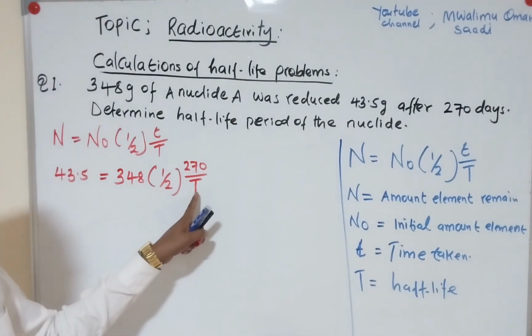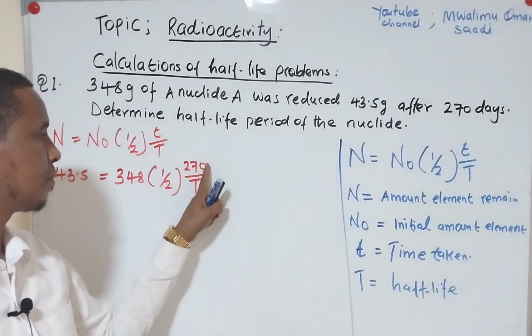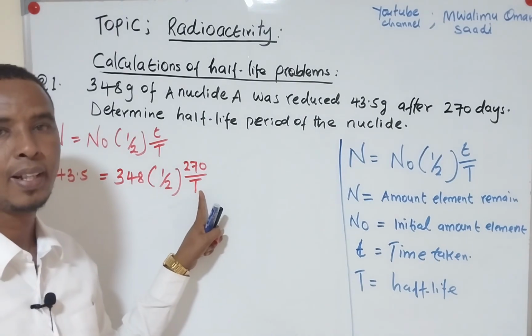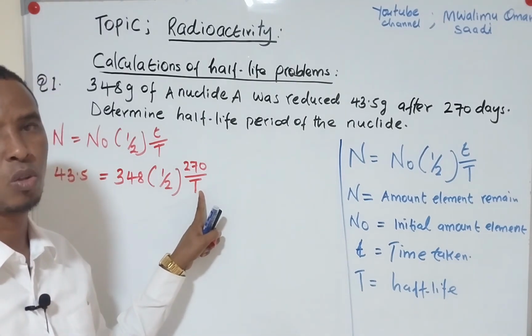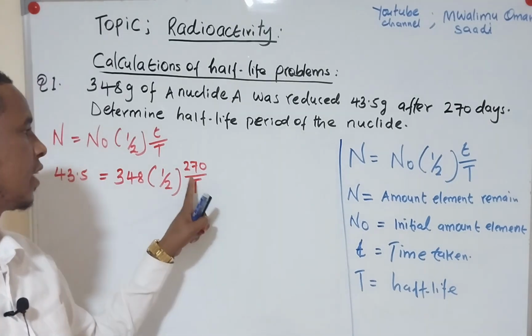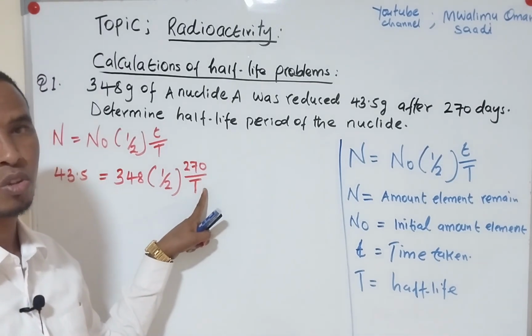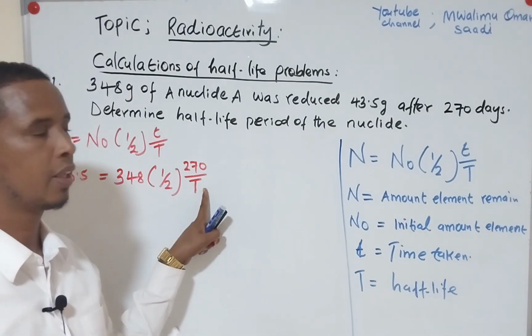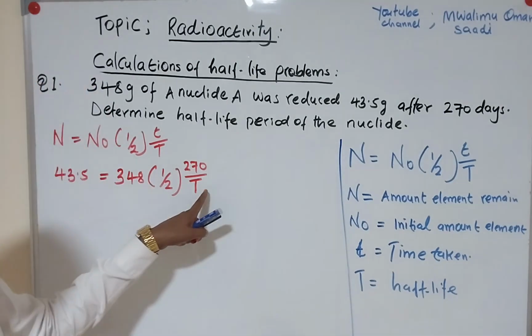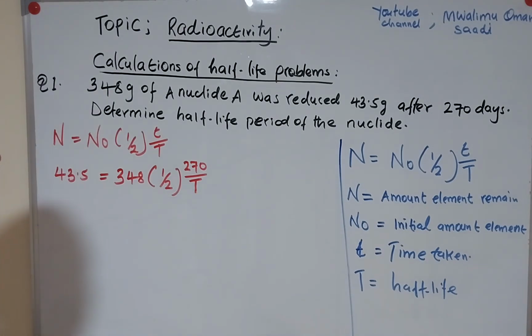So if one of the t, that is either the time or the half-life, is missing or unknown, you introduce logarithm. And if both time and half-life are known, you don't need to introduce a logarithm. So in our case, we don't have the half-life, so we'll introduce a logarithm.